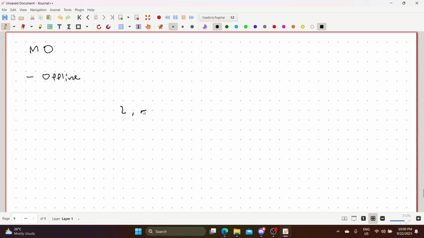In order for you to use Mo for this kind of problem, one property that you need is, let's say you need to maintain the answer for L to R. Then you need to know how to progress from it.